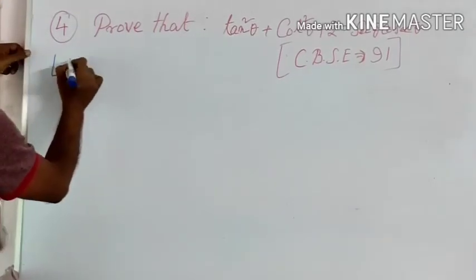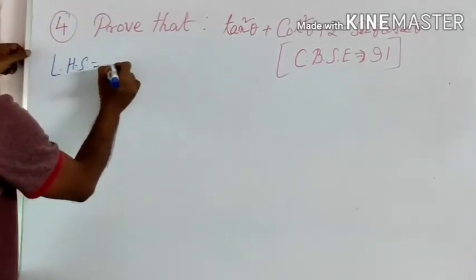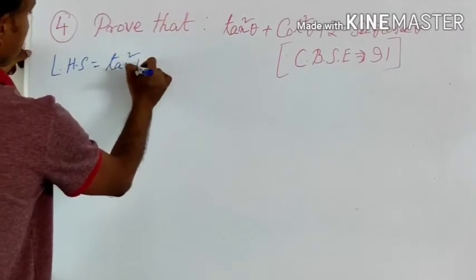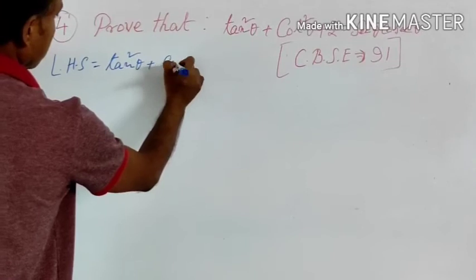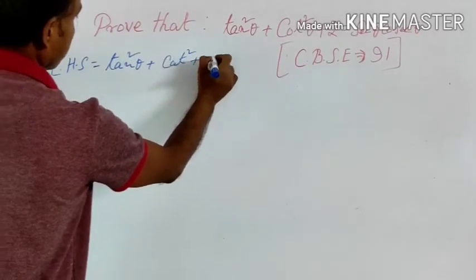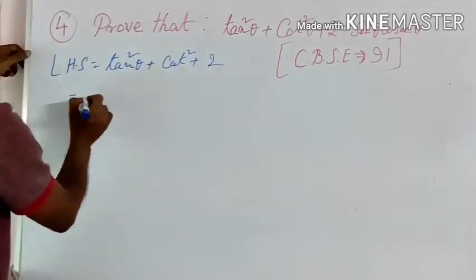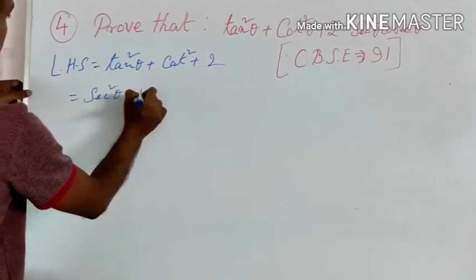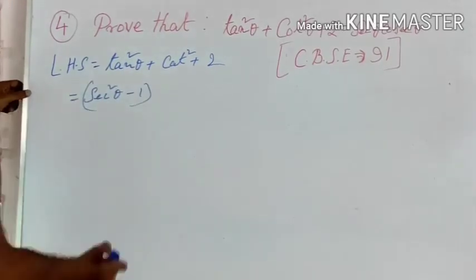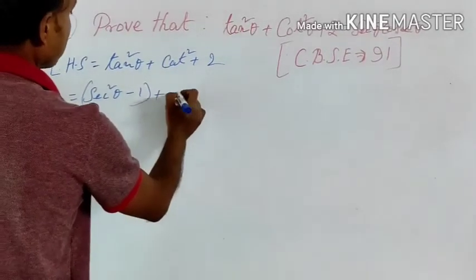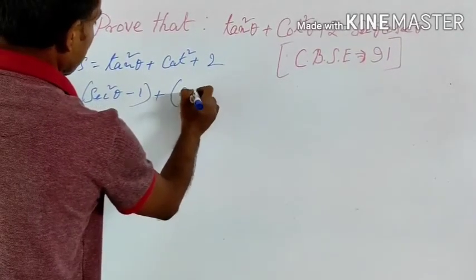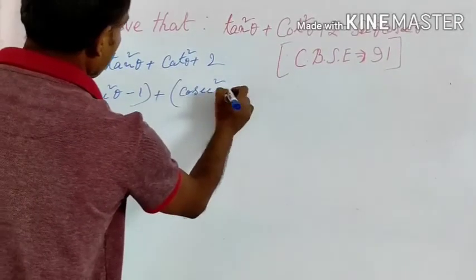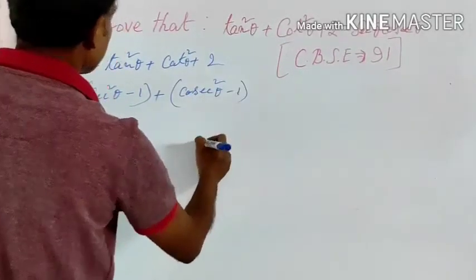Left hand side is tan square theta plus cot square theta plus 2. We know that tan square theta is equal to sec square theta minus 1. Similarly, cot square theta is equal to cosec square theta minus 1, plus 2.